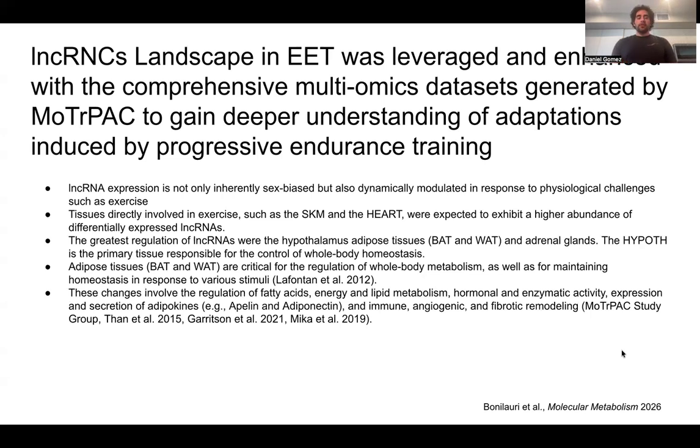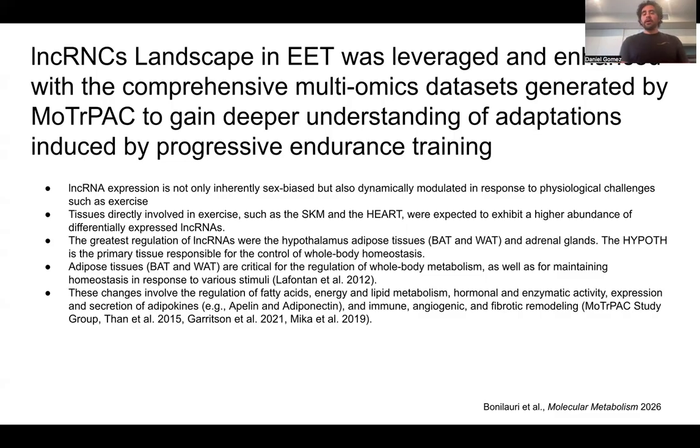These changes involve regulation of fatty acids, energy and lipid metabolism, hormonal and enzymatic activity, expression and secretion of adipokines, such as apelin and adiponectin, and immune, angiogenic and fibrotic remodeling.